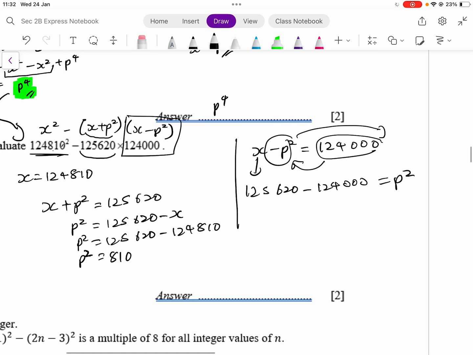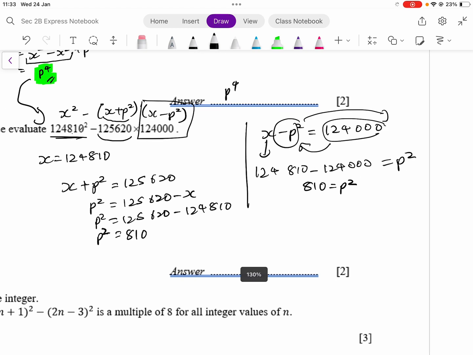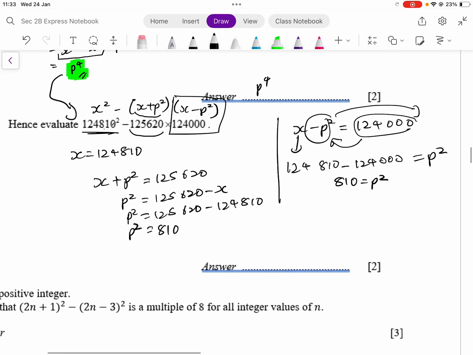Oh, sorry. This should be 124,810. Okay, so 124,810 minus 124,000. You will still get 810 equals p squared. So both sides of the equation have confirmed that the value of p squared is 810.